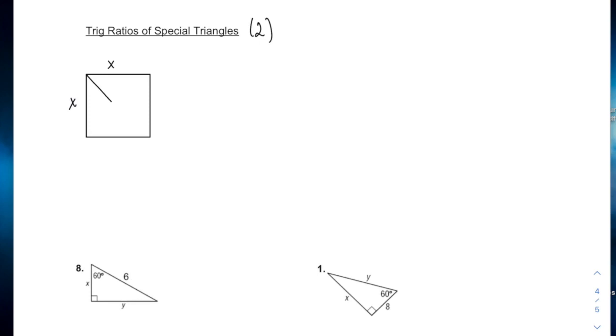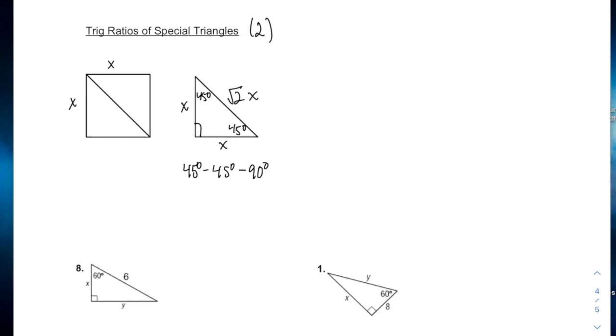And we said if we cut this square down its diagonal, we could examine a right triangle that has the angles 45, 45, 90. And what we realized is that if these two side lengths were x, we could use Pythagorean theorem to say that the hypotenuse is root 2x.